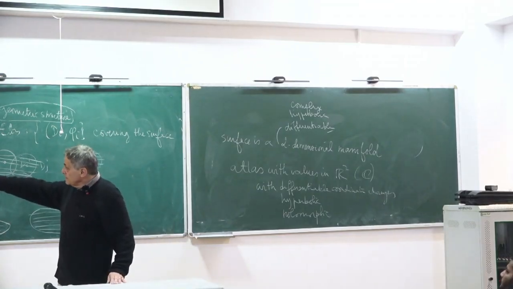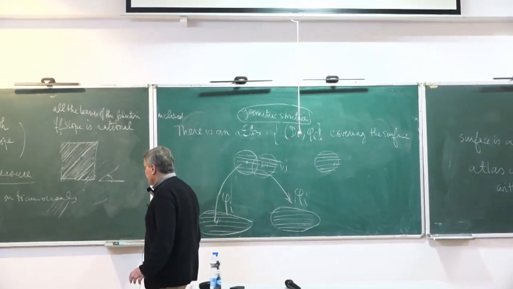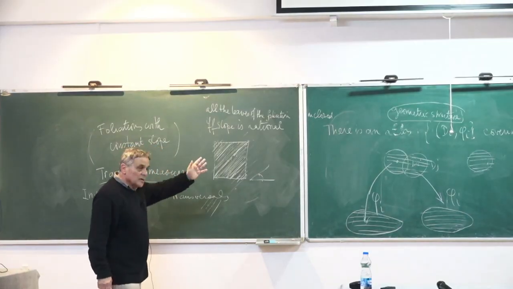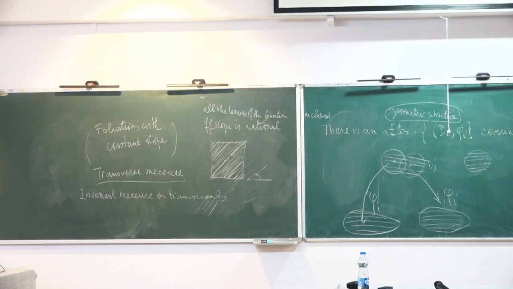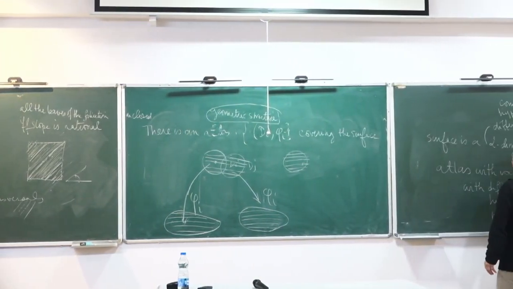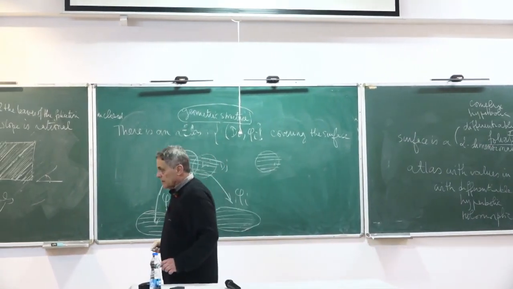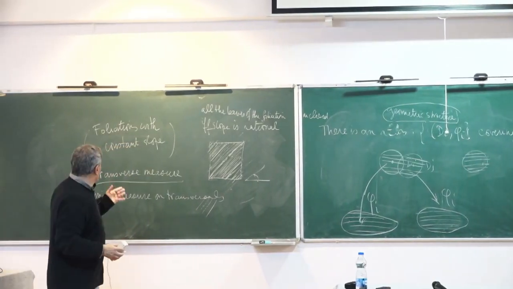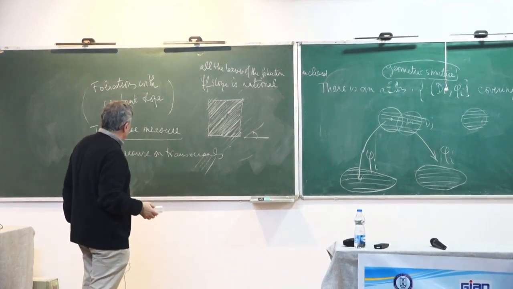So now here I have a foliation. This gives me an example of a foliated two-dimensional manifold. This enters in the same big category.